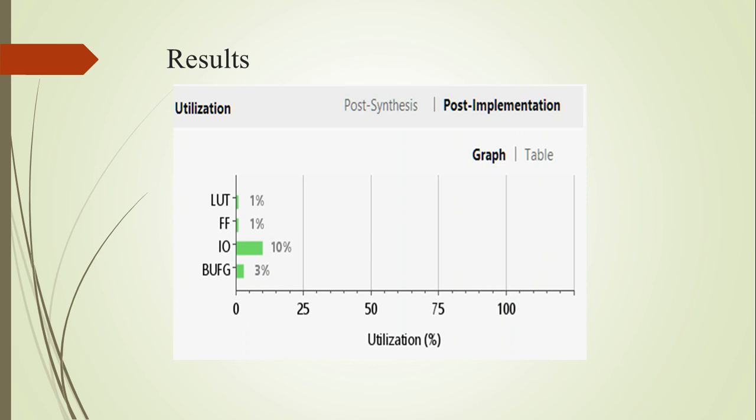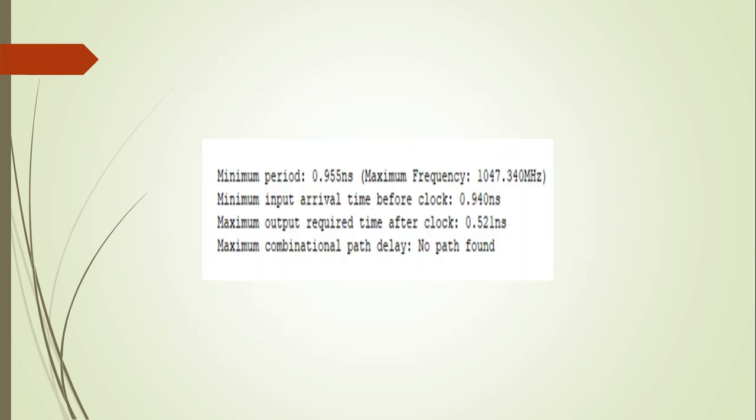These are the results of the project in a graph. Here we can see the utilization of the circuitry: LUT 1%, flip-flop 1%, IOs 10%, BUFG 3%. Here are the clock periods obtained in the test.